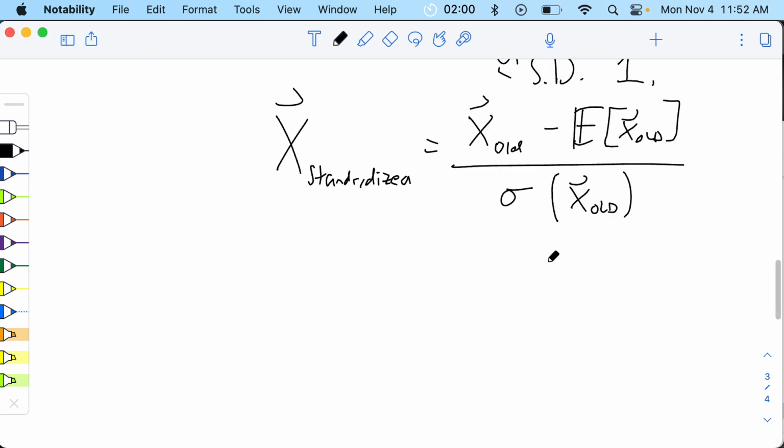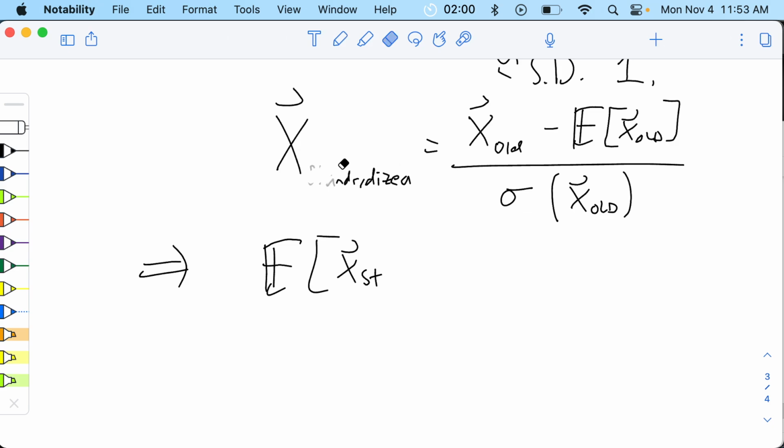So if you do this, therefore, the expected value of x standardized, I guess I should say normalized. Standardized means something slightly different. Let me say normalized, although they're the same kind of idea. Normalized means make it all a normal size.